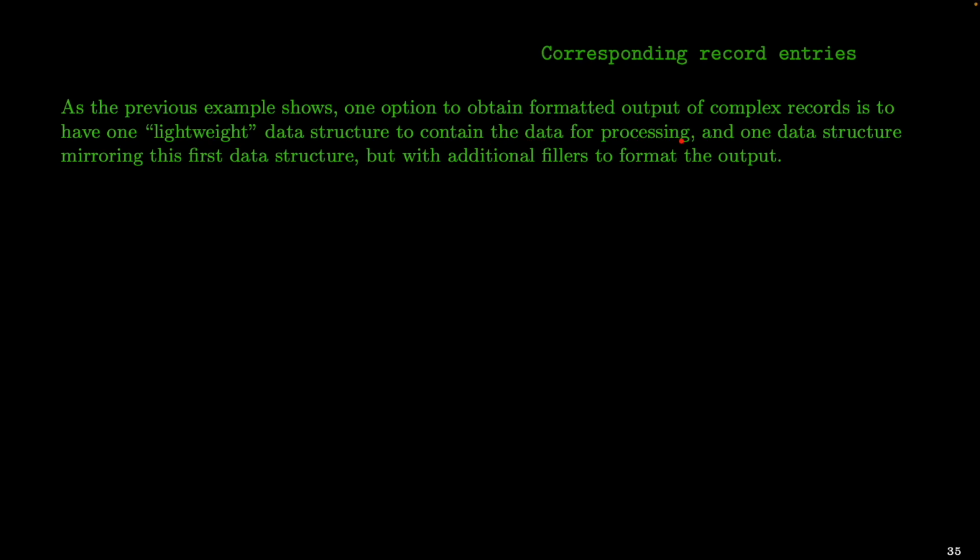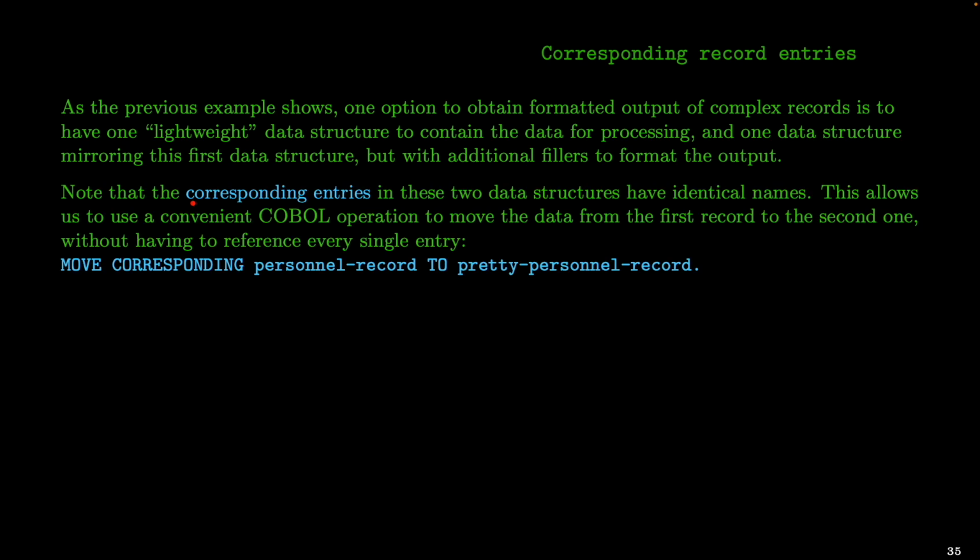And to mirror that, we have another data structure with additional fillers to format the output nicely. We have these two data structures with corresponding entries, and those corresponding entries in the example had identical names. And because they have identical names, we can use a convenient COBOL operation to move data from the first record to the second one with just one single command.